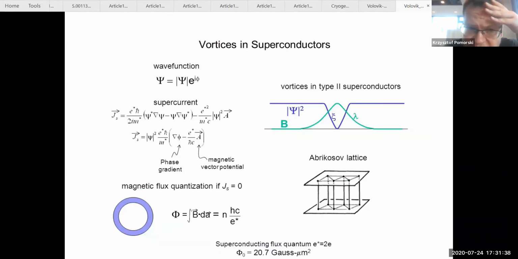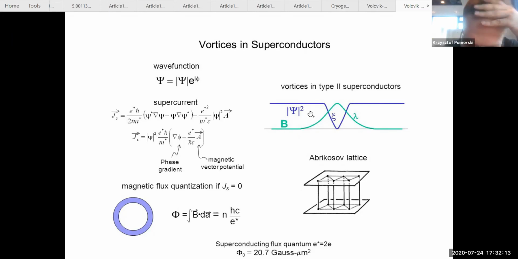This is basically the structure in the simplest approach. You have the superconducting order parameter, psi squared, that is basically the density of Cooper pairs. If there is a superconductor of the second type, there is a possibility that the magnetic field will punch the superconductor in a local, point-like way, and in such a case there is a profile of magnetic field of such shape.